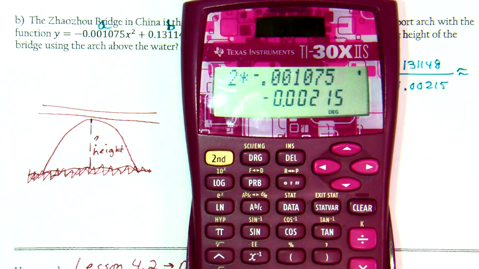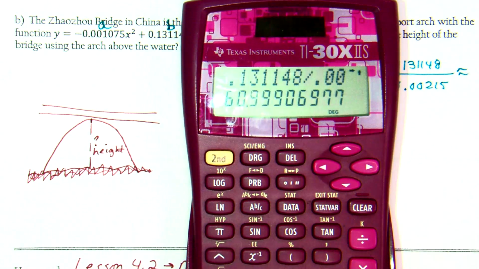it's a negative divided by negative, so I know that's going to be a positive. 0.131148 divided by 0.0215. Did you get an answer similar to mine if you did it?